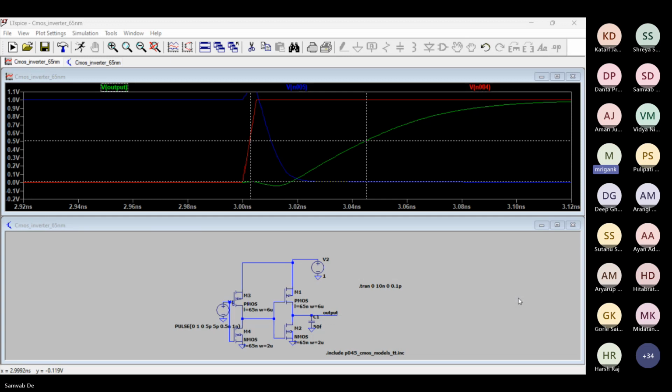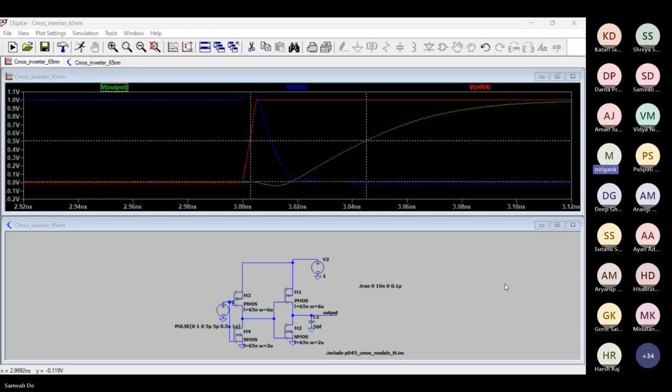Again, this delay depends upon several factors. Right now, can you tell me which are the factors on which this delay will depend? We have already seen certain things, but the overall delay between the input and the output will depend upon what factors? Yes, anybody? So you saw how to measure the delay, right? That part you should be able to do.